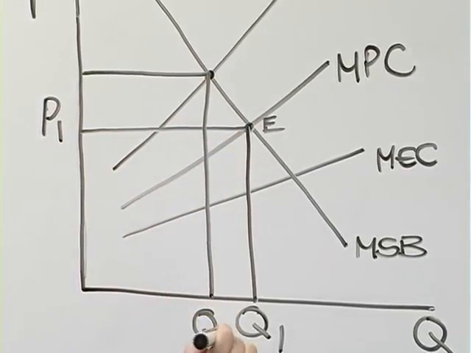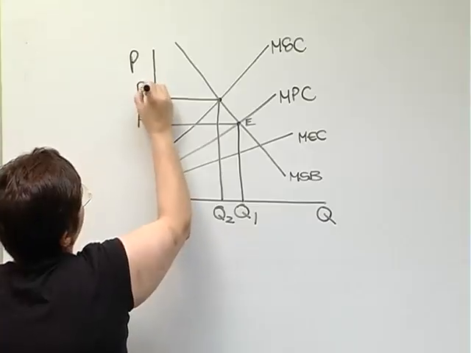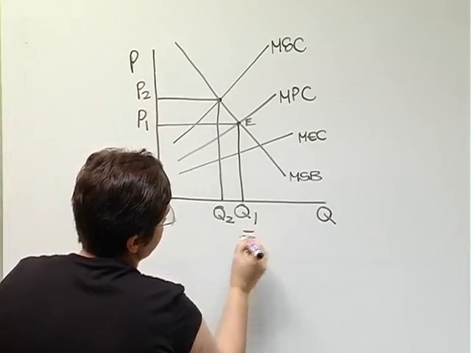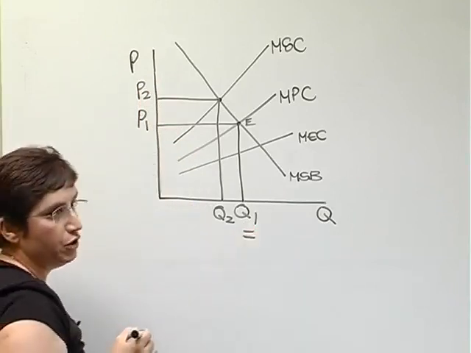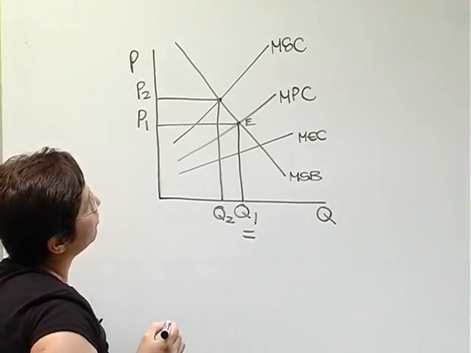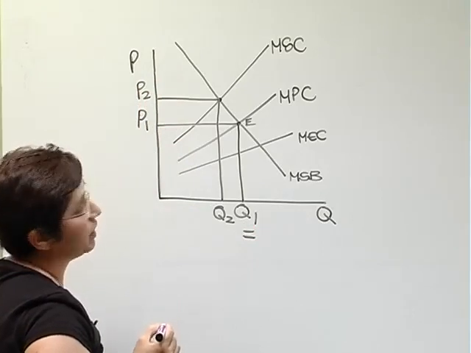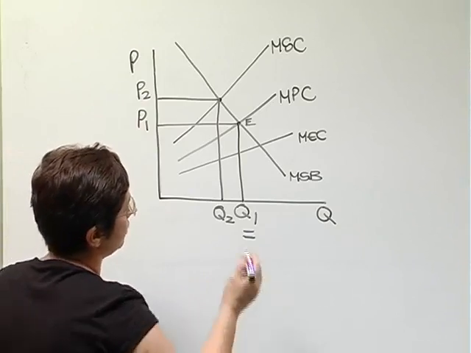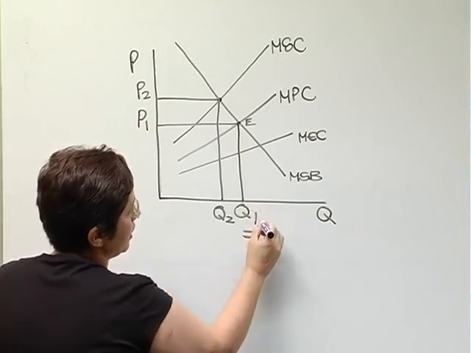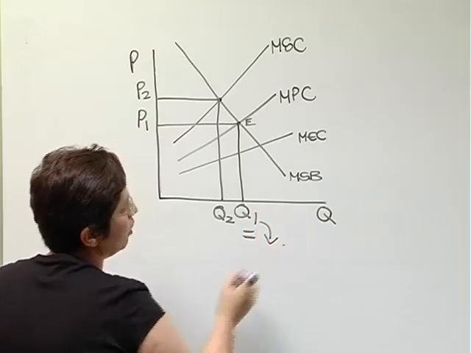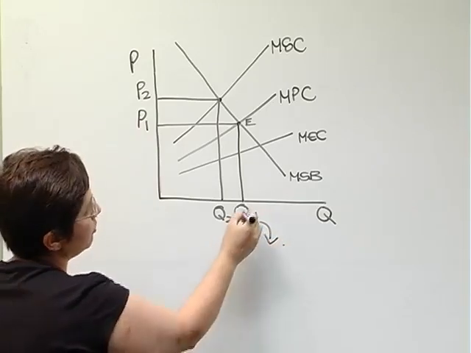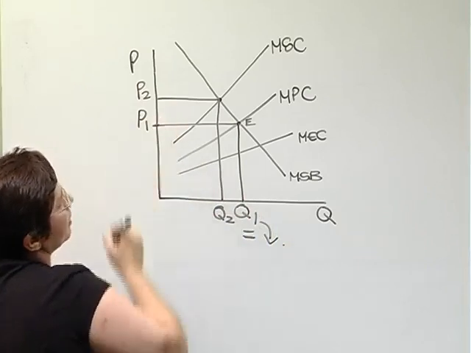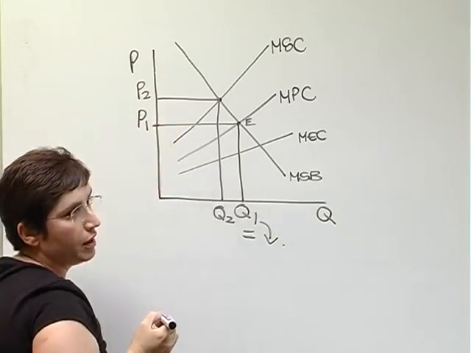So what happens here, especially in the case of pollution, for example, if this company is polluting, air pollution, any sort of pollution, water pollution, we've got a point of overproduction quantity there, and the price is too low. It's underpriced.